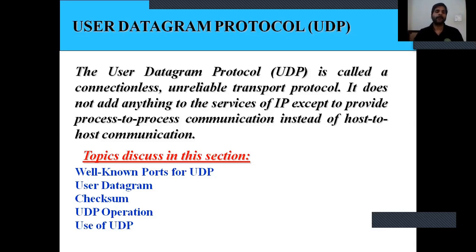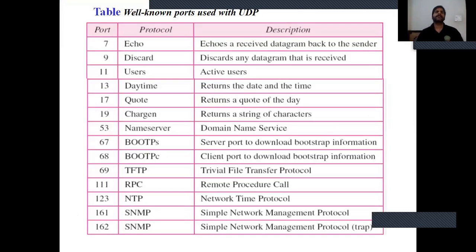The following topics are discussed in the user datagram: What are the well-known ports for UDP? What is the user datagram? What is the checksum? What are the types of UDP operation? Several well-known ports are used in the user datagram protocol. Port 7 is used for echo; echo returns the received datagram back to the sender.